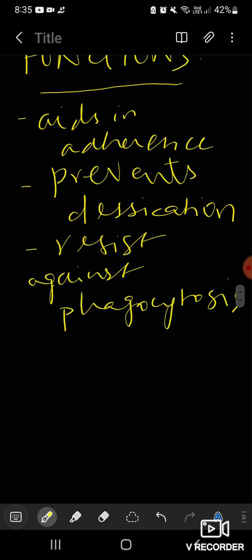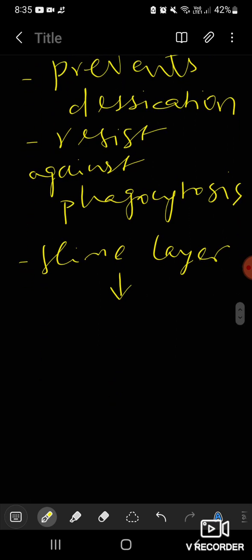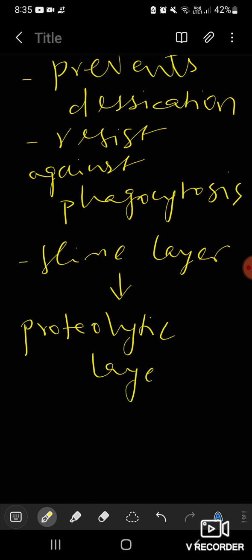And the slime layer protects from proteolytic layers.